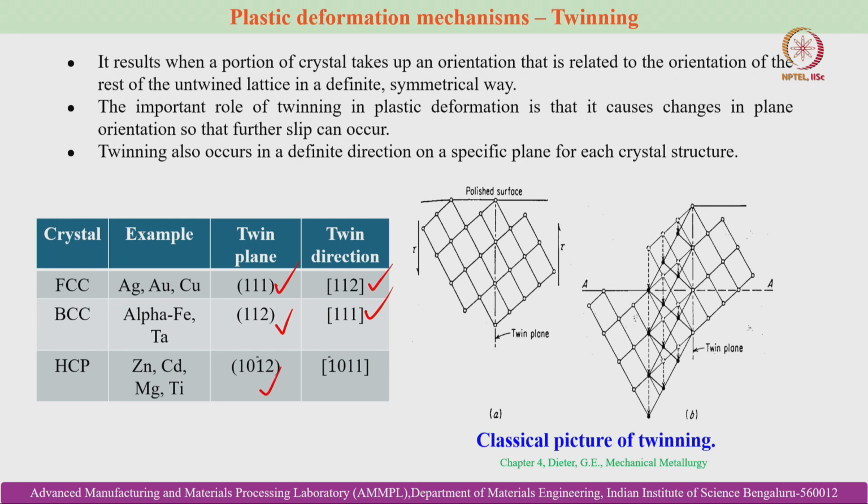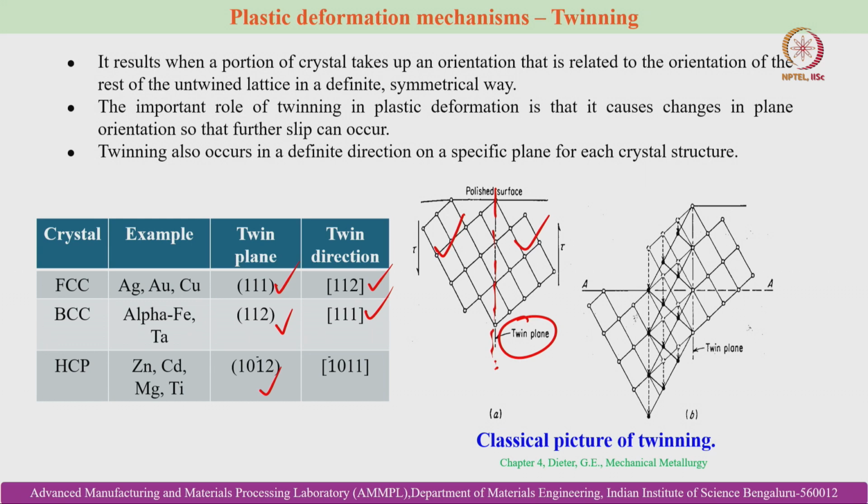So, this is a typical example of twinning. This is the twin plane, and as we have discussed above, the other part of the crystal takes up an orientation that is related to the orientation of the untwinned lattice. So this is symmetrical. You can see this part along the center line along the twin plane, and this part is symmetrical. This is a typical example of twinning, and this is another example of twinning.